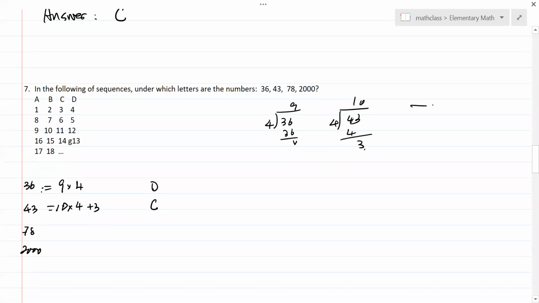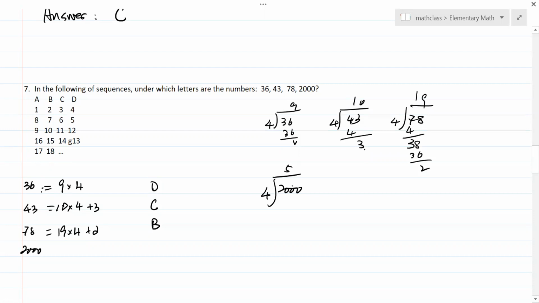And 78 divided by 4, the remainder is 2, so it's 19 times 4 plus 2. The last row contains 2 numbers, so that must be B. Then 2000 is clearly divisible by 4.